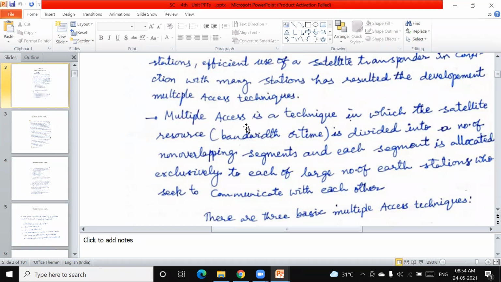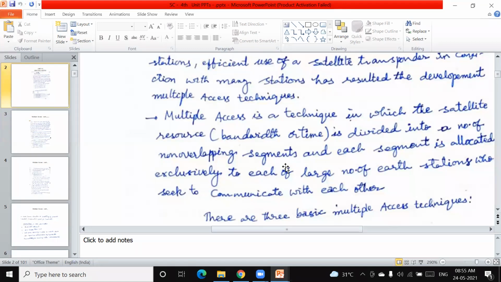Multiple access is a technique in which the satellite resource is divided. Satellite resource means the bandwidth or the time, particularly related to the transponder. The satellite resource is divided into a number of non-overlapping segments.